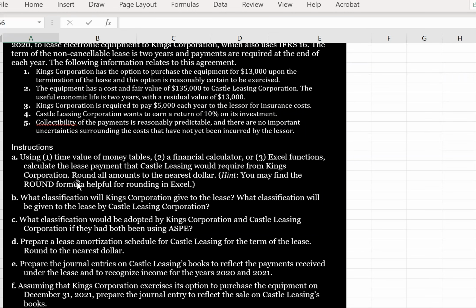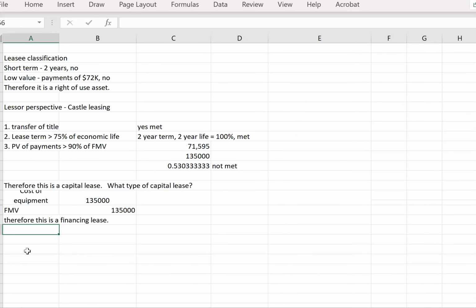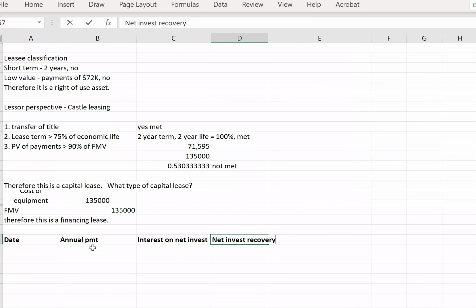Okay, so we've done A, B, and C. D says prepare a lease amortization schedule for Casa Leasing for the term of the lease. So let's prepare a lessor amortization schedule. We're going to have the date, the annual payment, the interest on the net investment, the net investment recovery, and the net investment.